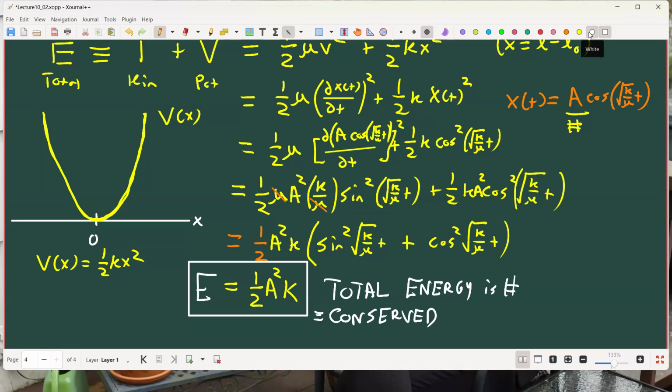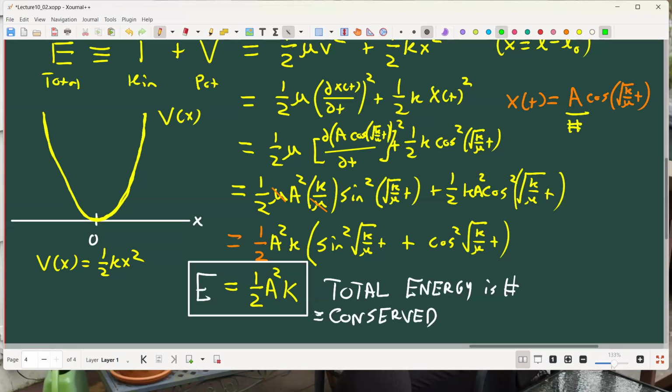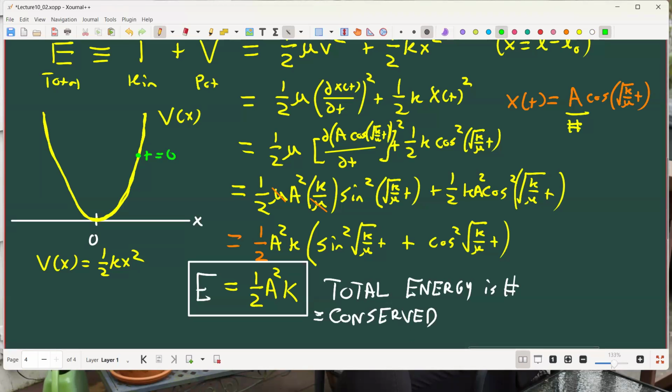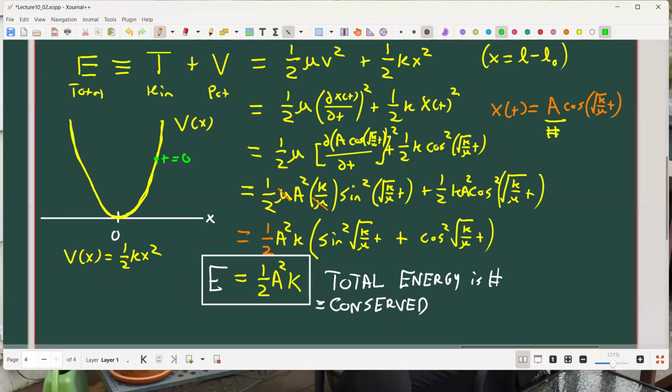So let's say I initially stretch a spring some distance. Let's start from some initial time where I've stretched it. We'll call this our t equals 0 point. I've stretched it this much, delta x.